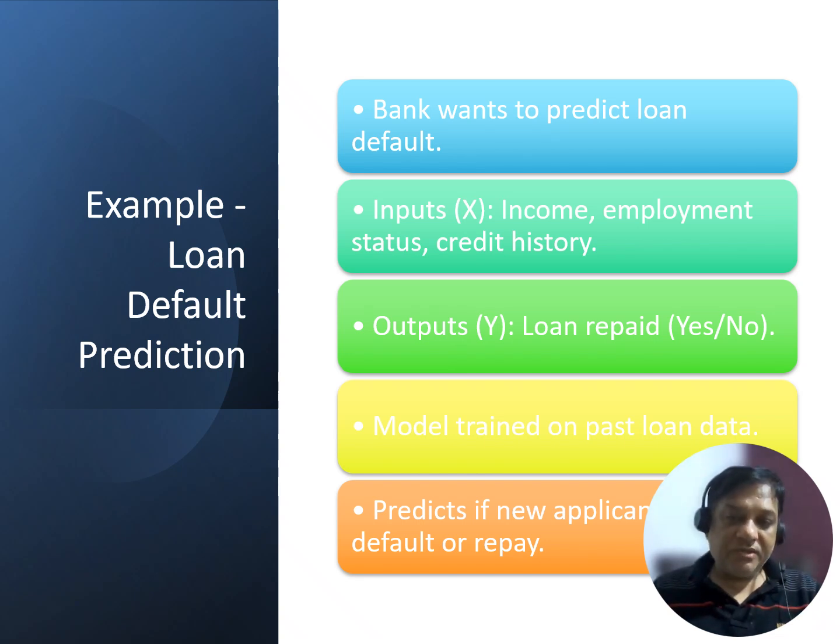So based on the data that we have, we will train the model on who paid and who did not pay, yes or no. And then when a new applicant comes in, we can immediately predict based on the inputs of income, employment status, and credit history whether the new applicant will default or repay. So that is the loan default prediction we are doing.